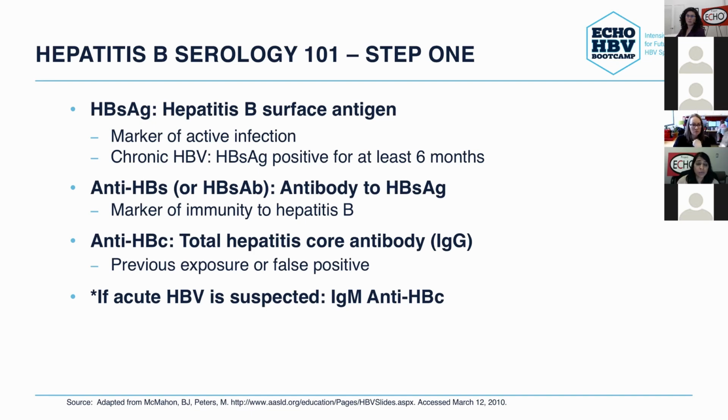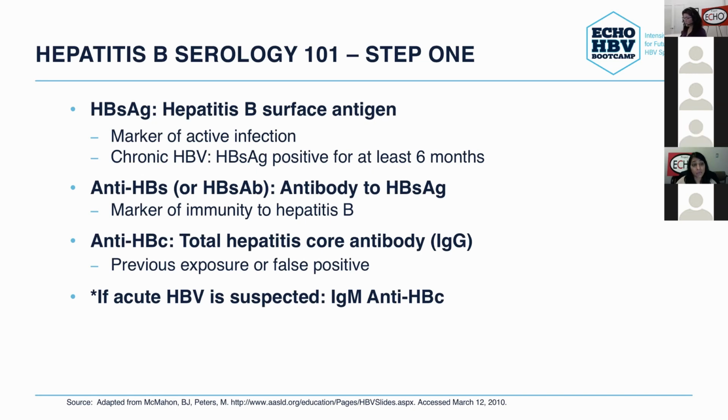Remember, last week we talked about how the age at which you acquire this infection really influences your risk of going on to develop chronic infection. Worldwide, more than 50% of Hep B cases are transmitted from mother to child, most commonly at the time of birth.